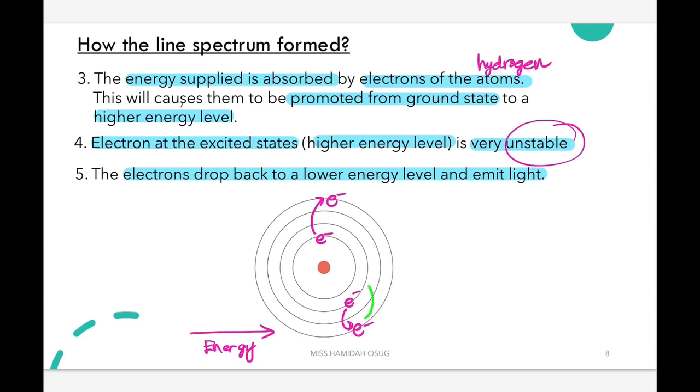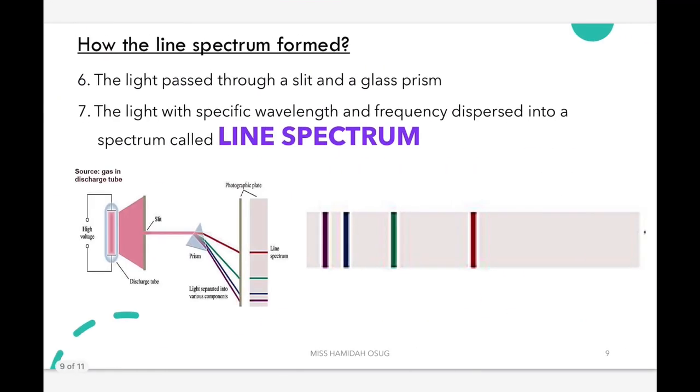So the electron that moved to n equals 4 earlier, at the excited state, is very unstable, so it will drop back to a lower energy level. When it drops back, it will emit light, in the form of photons.